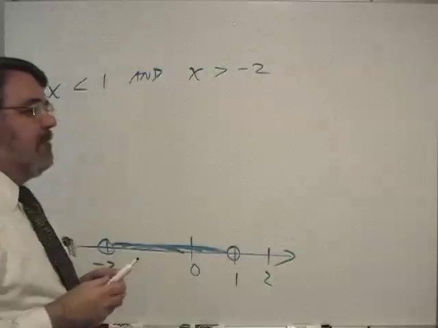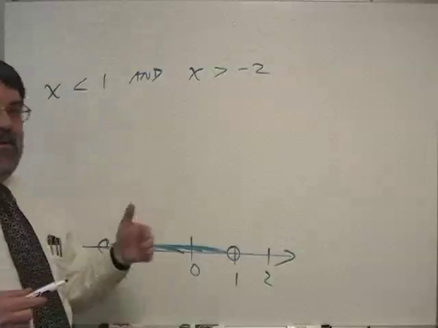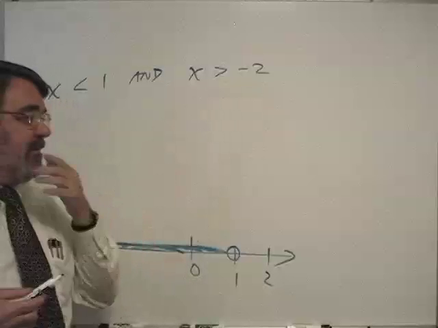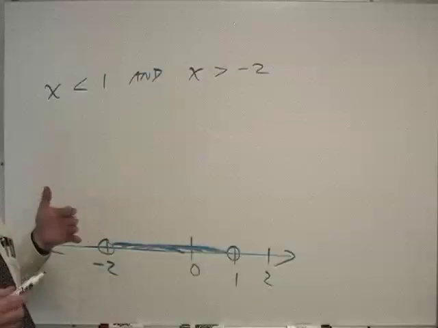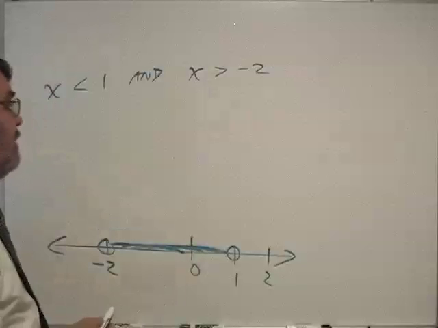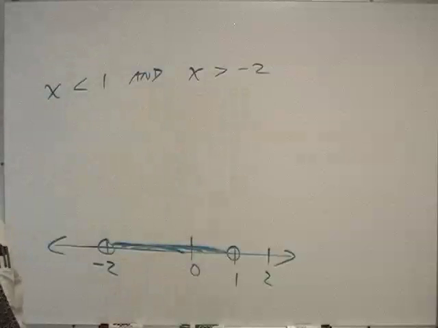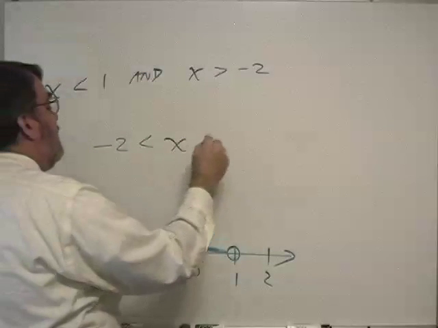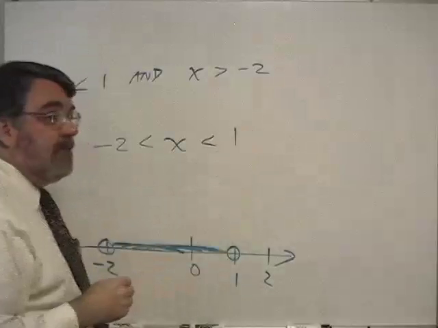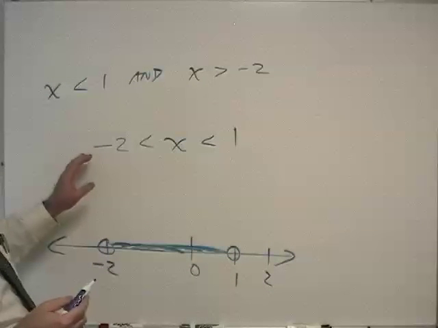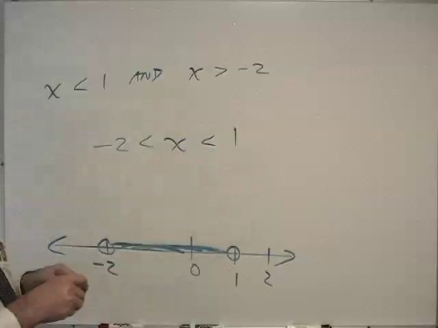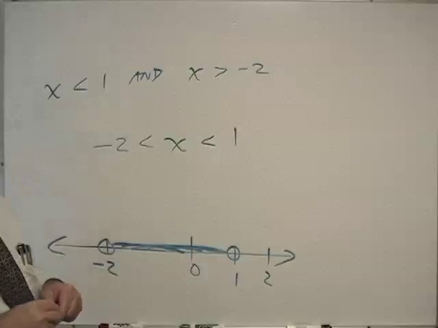Now, the problems normally don't come to you this way, or situations sometimes don't come to us this way. Sometimes they come to us as a compound inequality. So this statement would, at least in this course, more likely be written this way: -2 less than x less than 1. And so when we have three parts with two inequality symbols, it's a compound inequality.